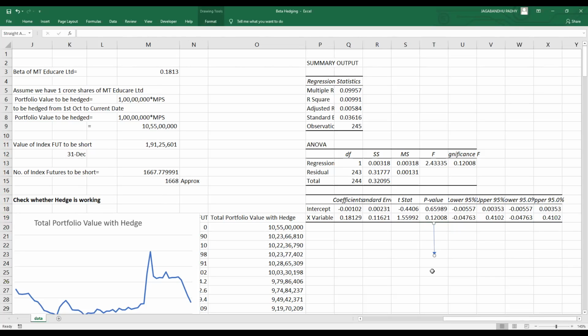This indicates the slope is statistically insignificant. And that's the reason why our hedge didn't actually work.